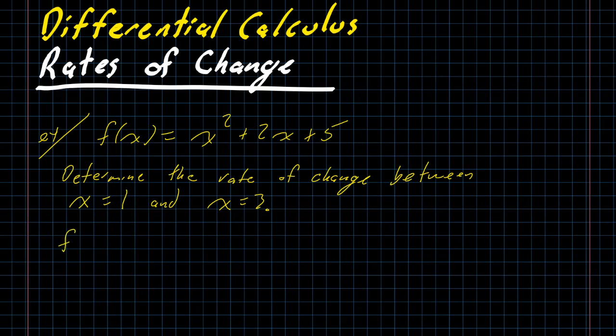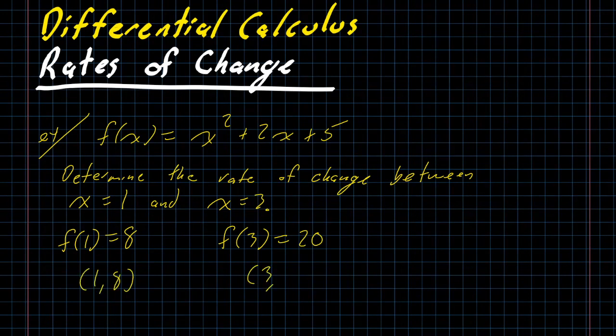I can evaluate that f of 1 is 8 and that f of 3 is, let's see, that'll be 9 plus 6 is 15 plus 5 is 20. So there's our 2 points. 1, 8, 3, 20.